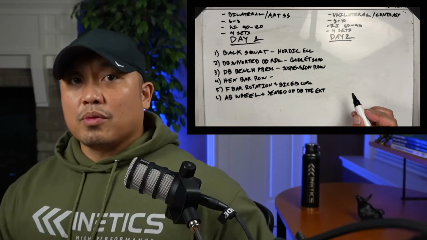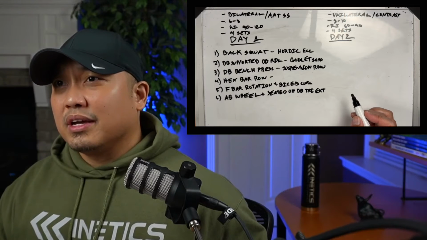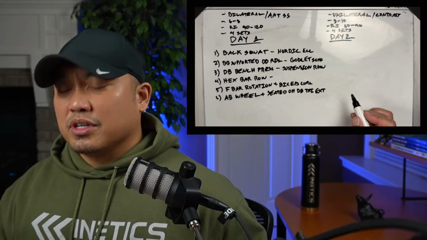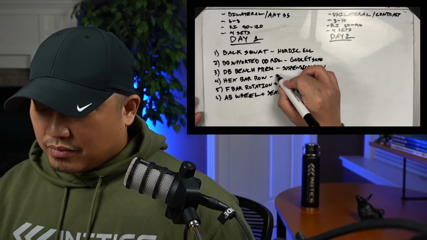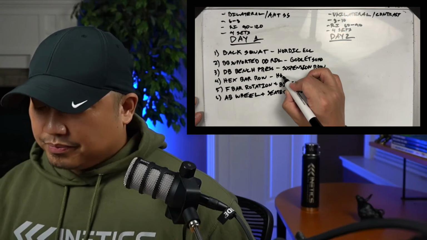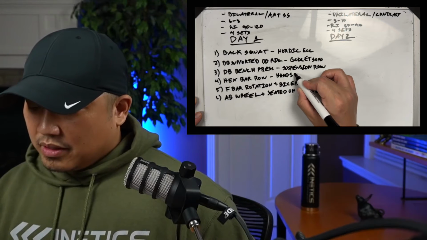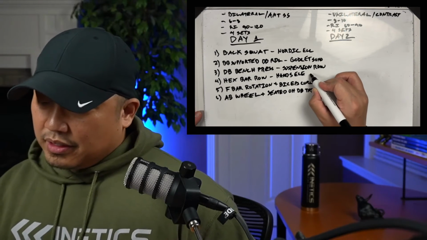And for the hex bar row, since we're going to be in a bent over position, we want to do some kind of a push. Let's go with hands elevated on a box or bench. Hands elevated push up.